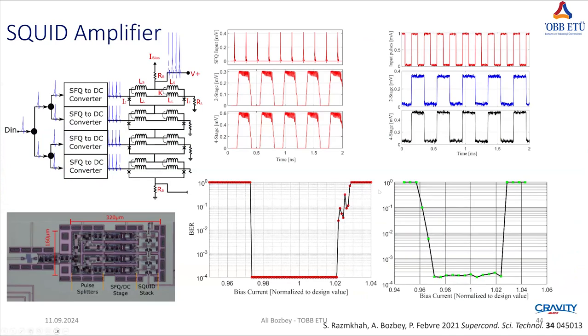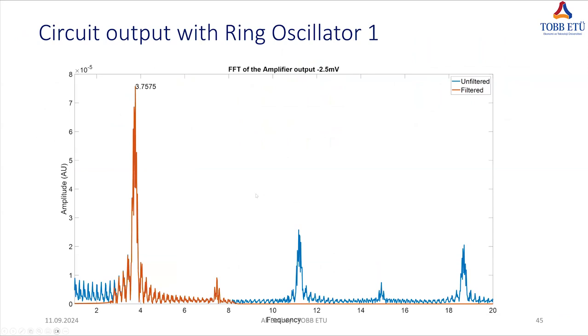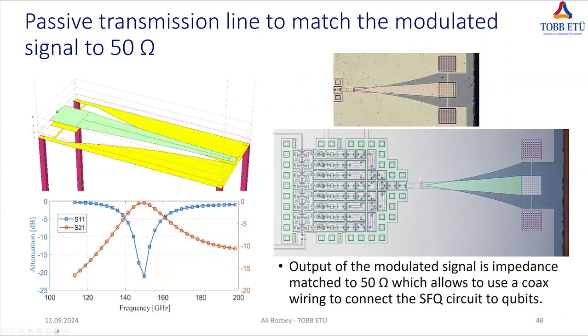So the qubit will not see any RF signal due to mismatch. So a matching circuit should be designed from the junction side to the qubit side. Then 2 or 3 ohms of impedance here and 50 ohm impedance here.